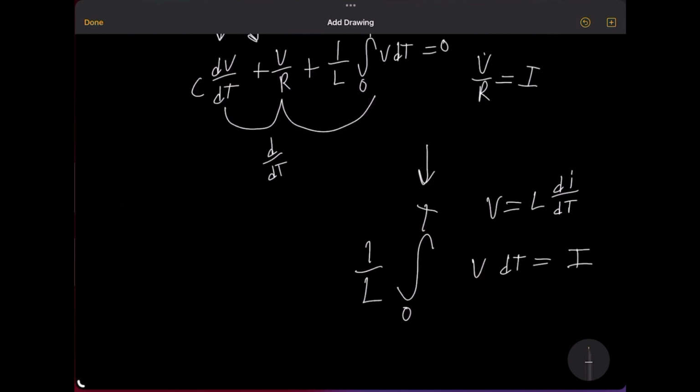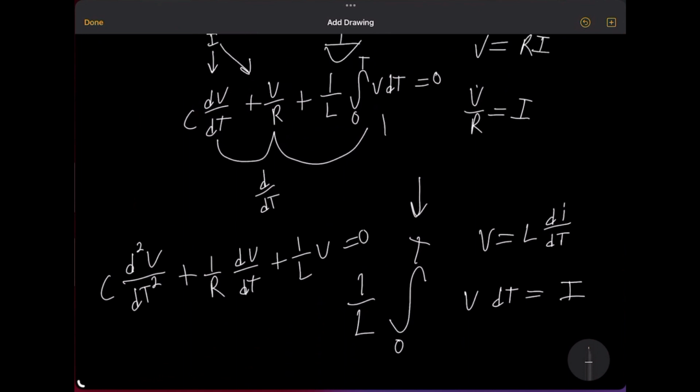And that's going to give us C d2v/dt squared, plus 1 over R dv/dt, plus 1 over L v is equal to 0, because the derivative of this integral gets rid of all that, and you're just left with v.